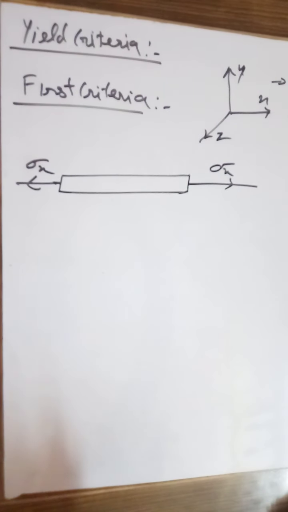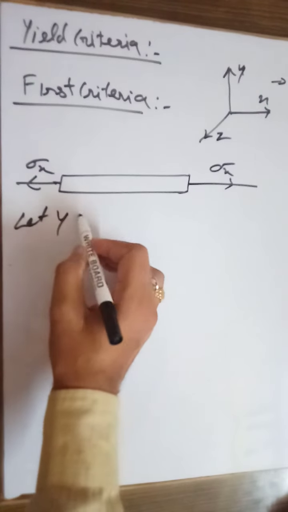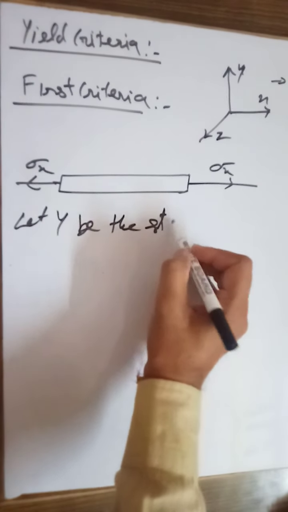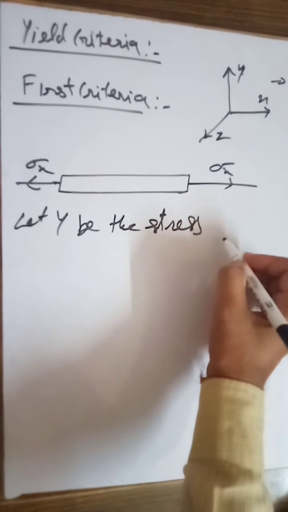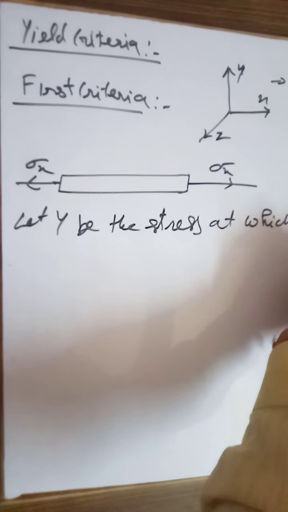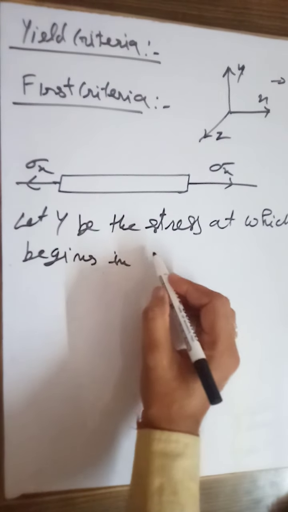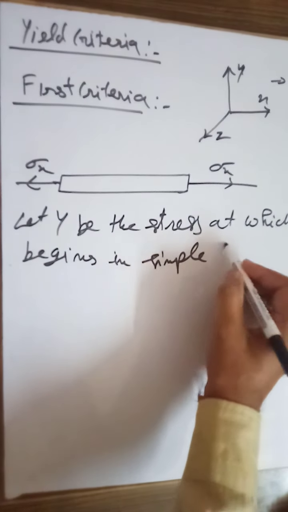The mapping can be like 1, 2 and 3. Let sigma y be the stress at which yielding begins in a simple tensile test.